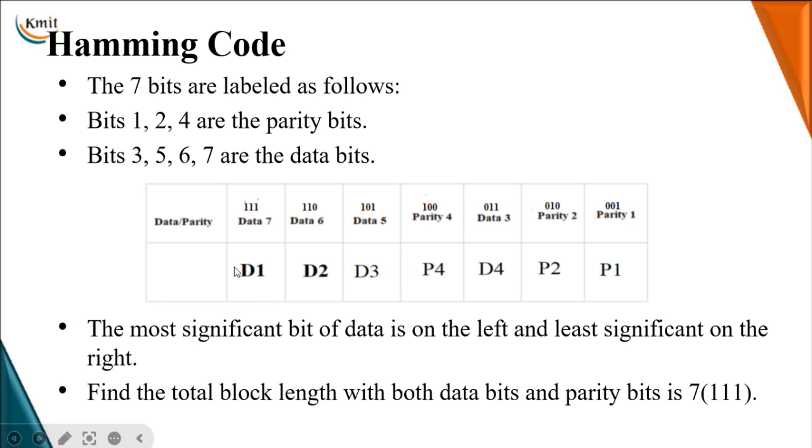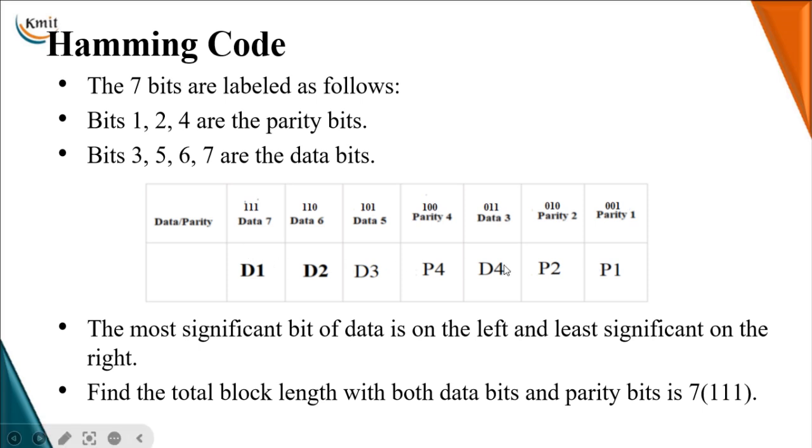The most significant data bit is placed on your left end, and the least significant bit is placed on the right side. So D1 is the most significant digit of a given number, D2 is the next most significant digit, this is the third, and the last digit, the least significant digit, is placed at data 3.